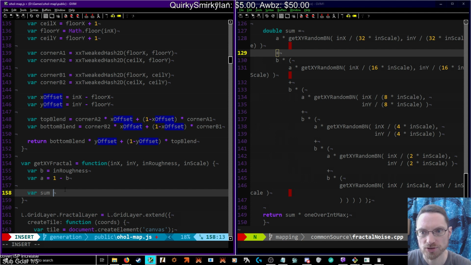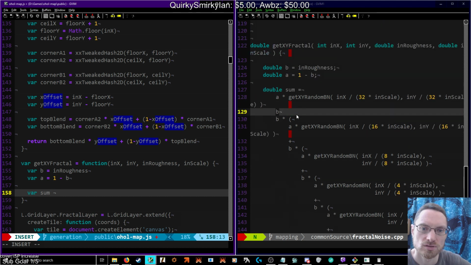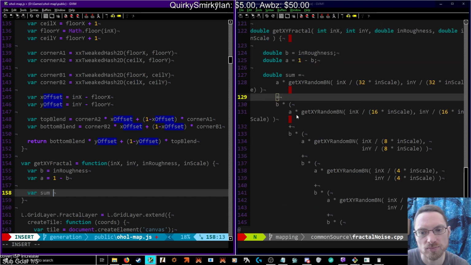So we do it at a bunch of different scales, and we are blending between the larger and smaller scale values.